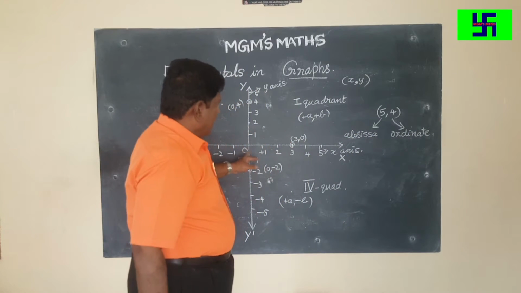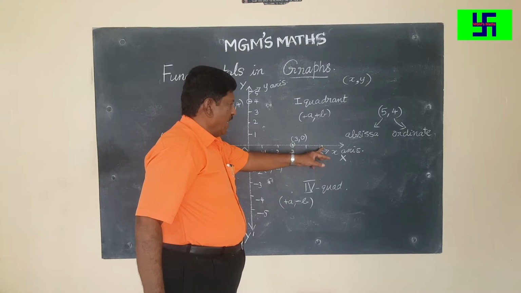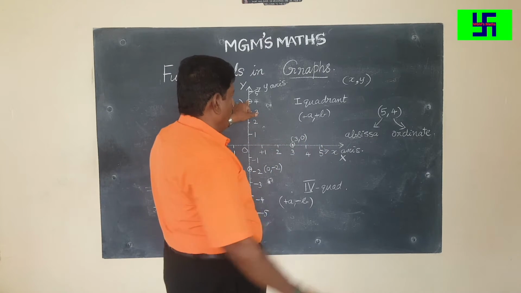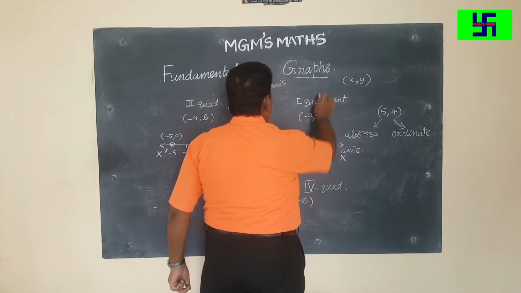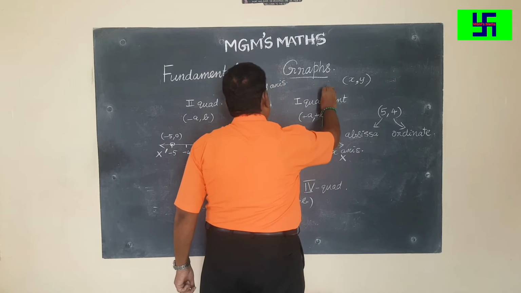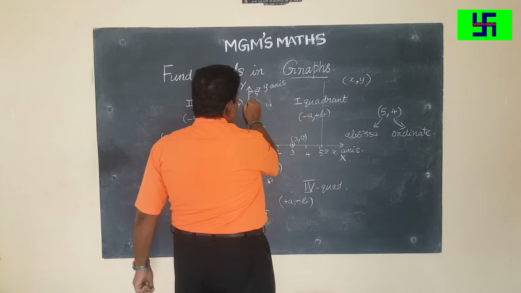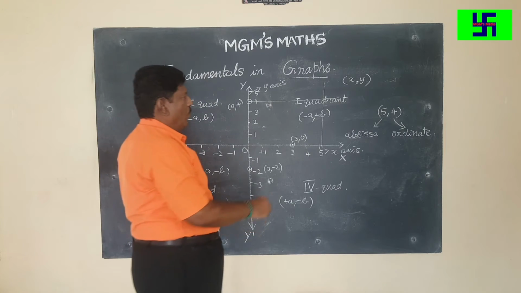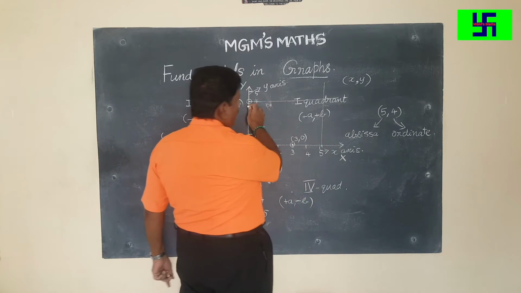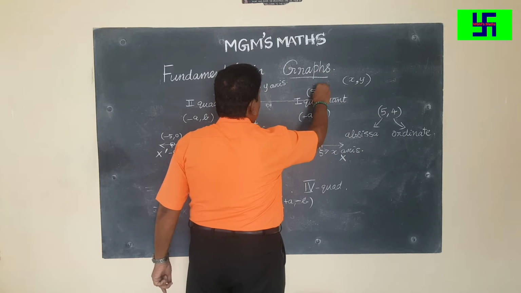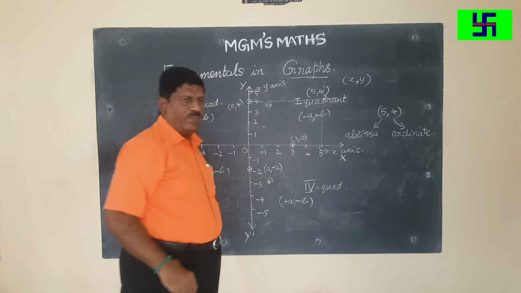So, in the x-axis you have to take 5, in the y-axis we take 4. Draw a perpendicular line at 5, you see, it will be like this. At 4, you draw one perpendicular line, it will be like this. So, both of them meet at a point, that point is 5, 4.